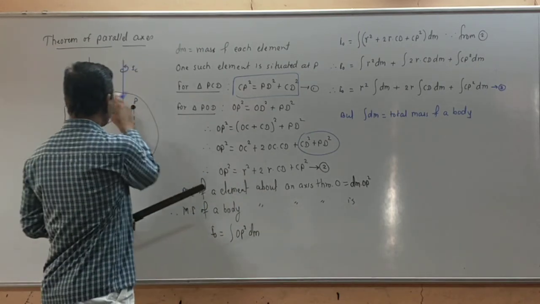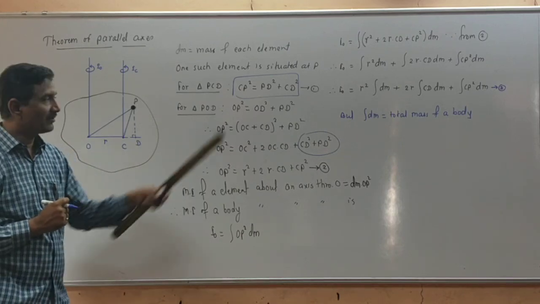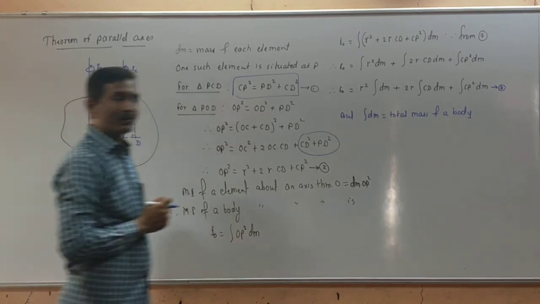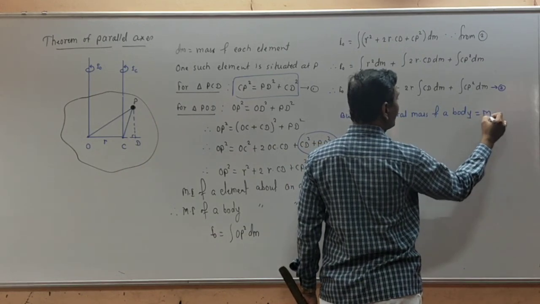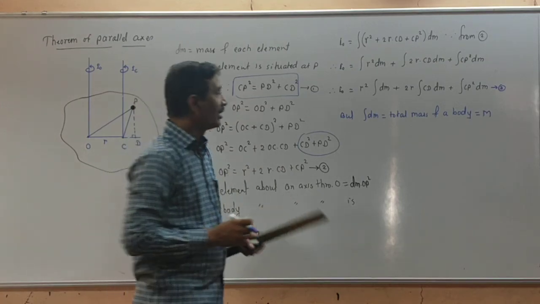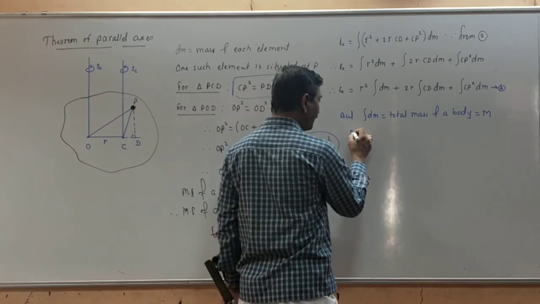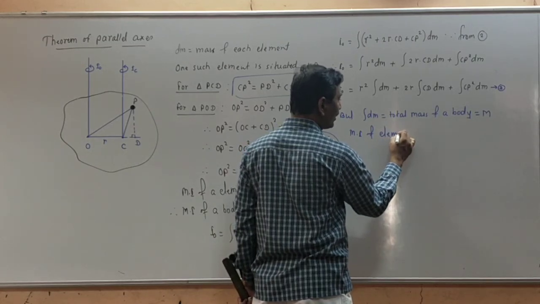So if you add the masses of all the elements, then we get the total mass of a body. So that is why integration of dm is the total mass of a body, and for our convenience we use the letter capital M for it. So integration of dm is capital M. Now what is the moment of inertia of an element about an axis passing through center of mass?